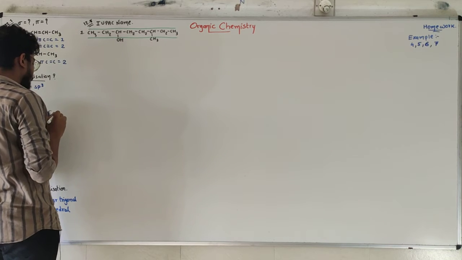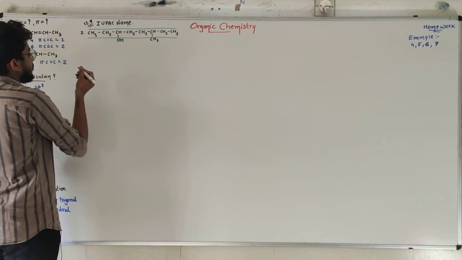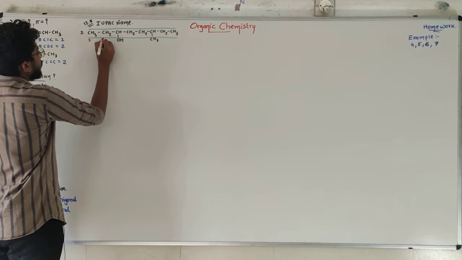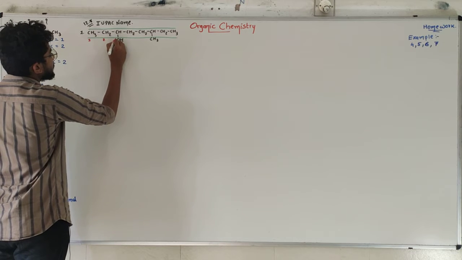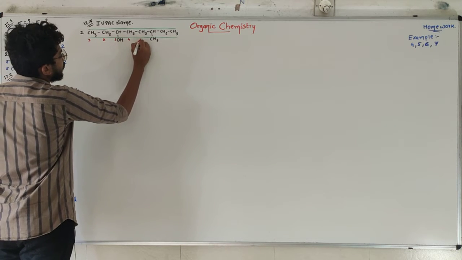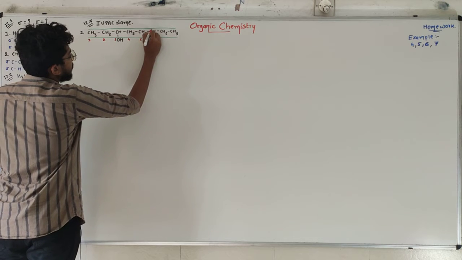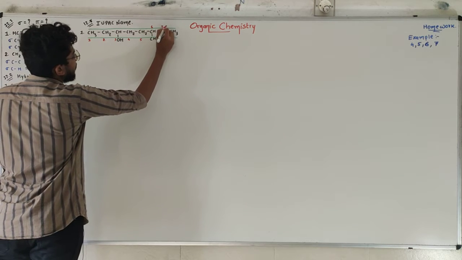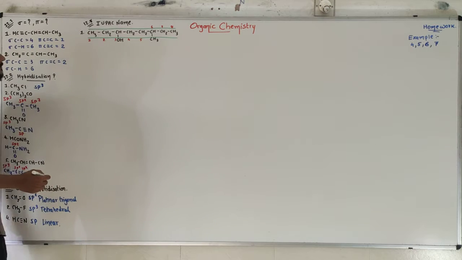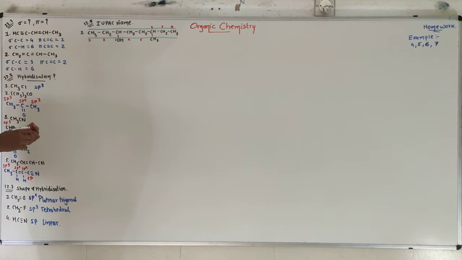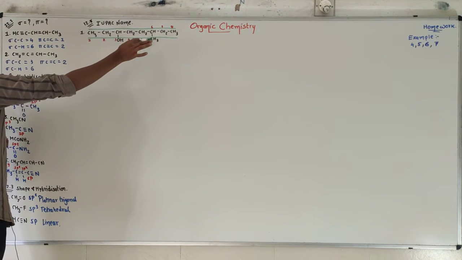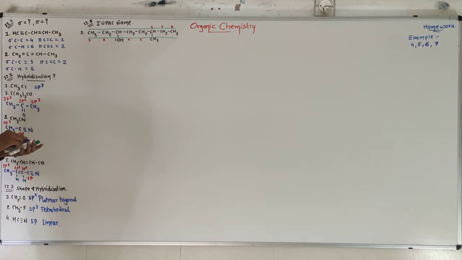So number 1 will be from this side. That's why 1, 2. This carbon 3rd, 4th, 5th. This carbon will be 6th, 7th and 8th. Okay. So on the 3rd carbon there is OH and on the 6th carbon there is CH3.